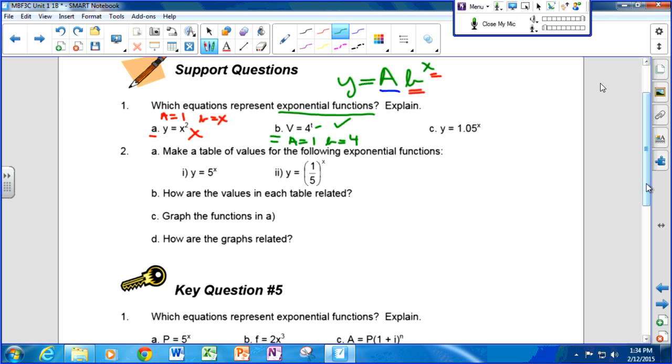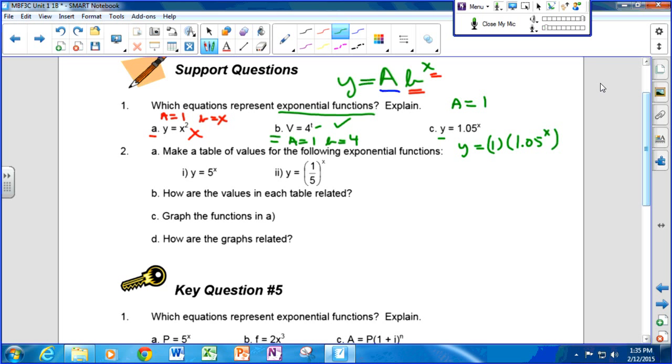All right, well, how about c here? This is going to be interesting. So it's 1.05 to the power x. Our a value here is basically 1, because we could rewrite this, y equals 1 times 1.05 to the power x.